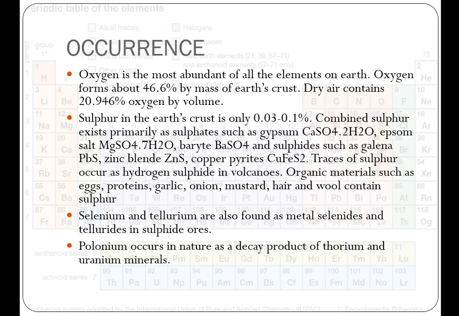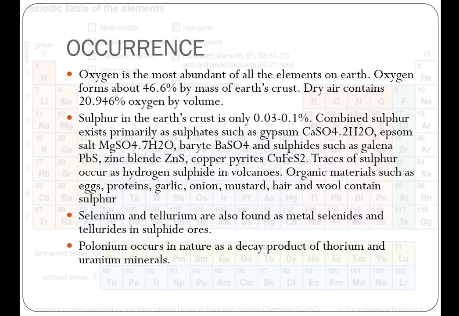Sulfur also exists as sulfates, for example, calcium sulfate, magnesium sulfate, barium sulfate, and as sulfides such as lead sulfide, zinc sulfide, and copper pyrites. Traces of sulfur are also present in the form of H2S in volcanoes.